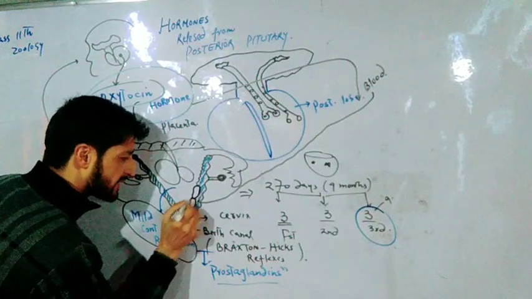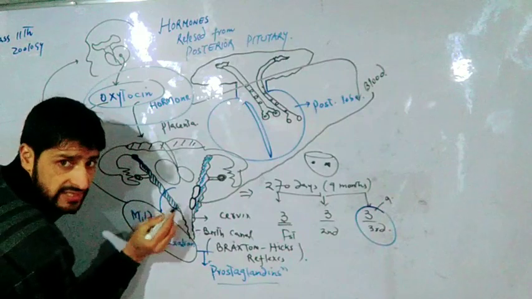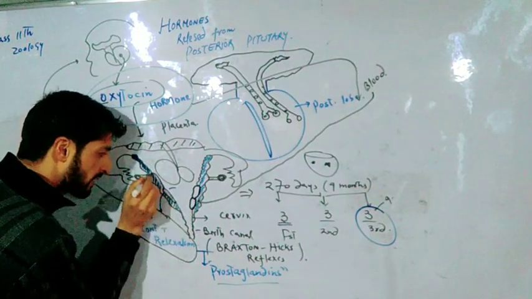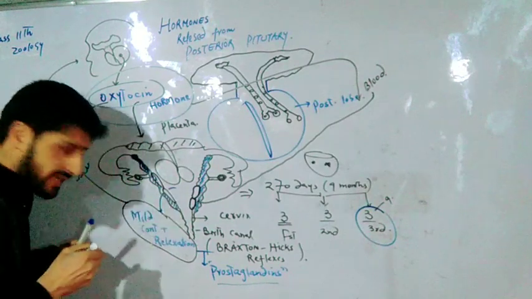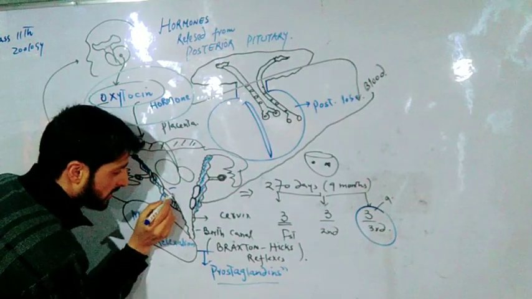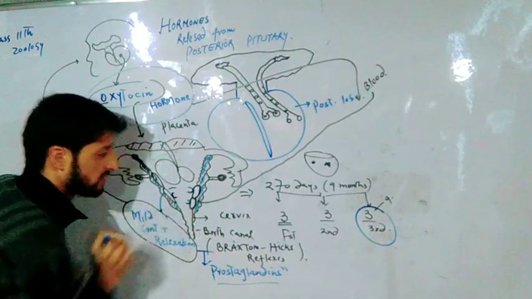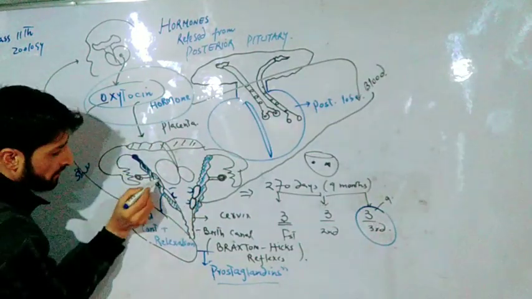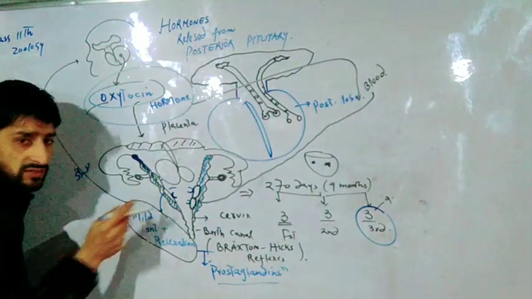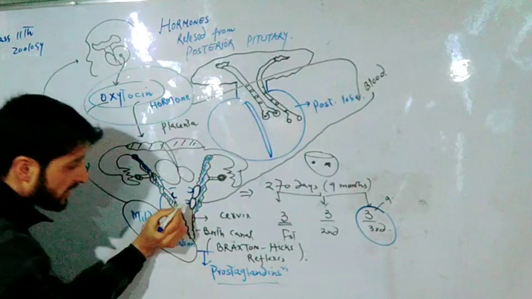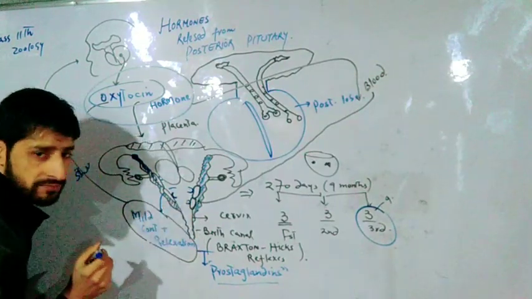These muscle cells contain receptors for the oxytocin hormone.